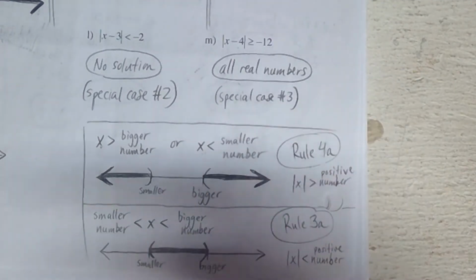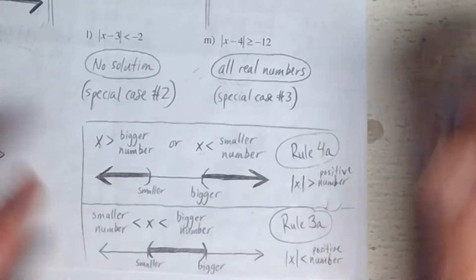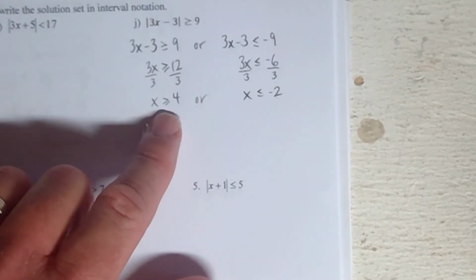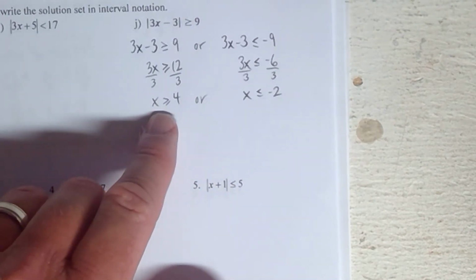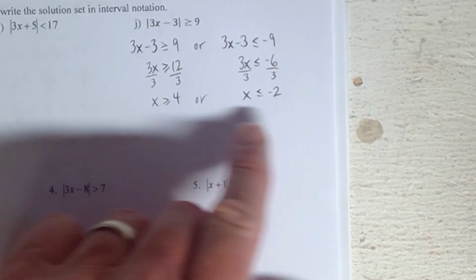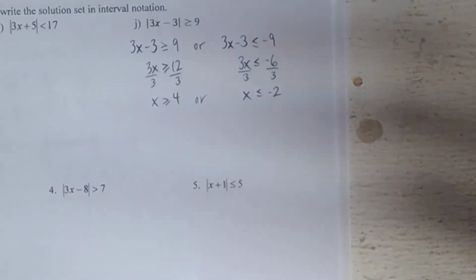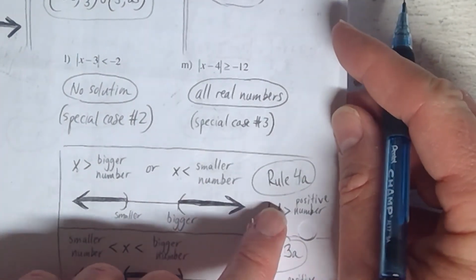So greater than the bigger number, less than the smaller number. When that happens, and that does happen here, you can see that. Greater than the 4, which is bigger than negative 2. So the x is greater than the bigger number. It's less than the smaller number, with the alligator feet in there as well. But the alligators are going the same direction as in rule 4 here.